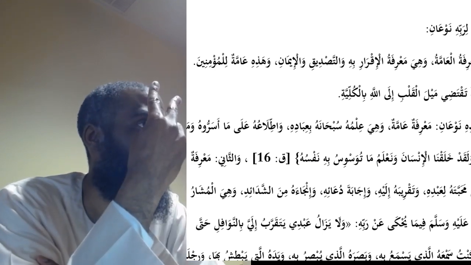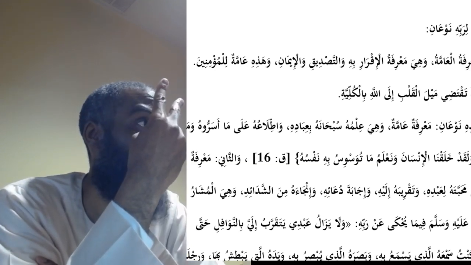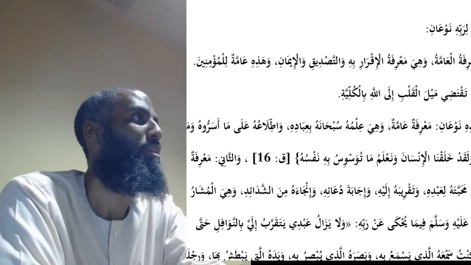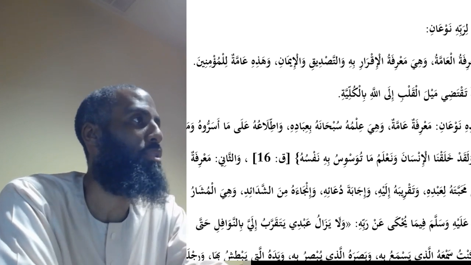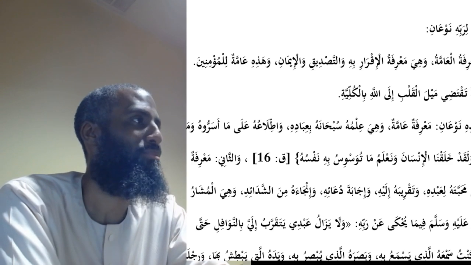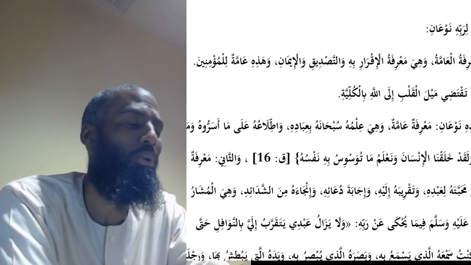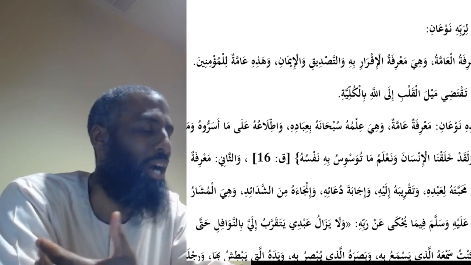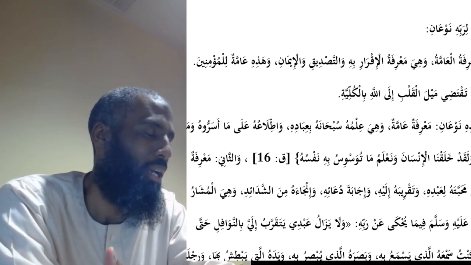Two types, نوعان. نوع means type. نوعان, two types. أنواع, more than two types. So what are the two types of a servant having this ma'rifah of Allah subhanahu wa ta'ala?